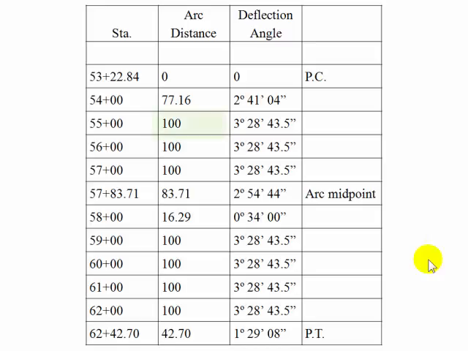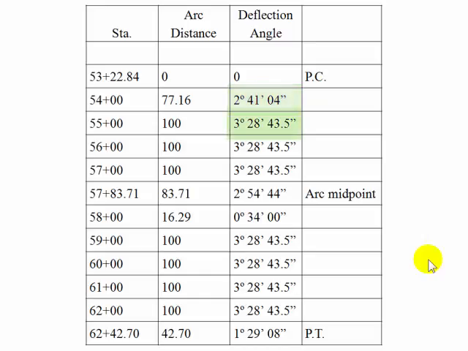And then from 54 plus 00 to 55 plus 00 is an arc distance of 100 feet. If you summed this arc distance column, it should equal the total arc distance of the curve. The incremental deflection to 54 plus 00 was the one we just calculated, 2 degrees, 41 minutes, 4 seconds.